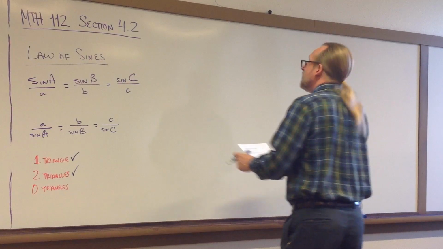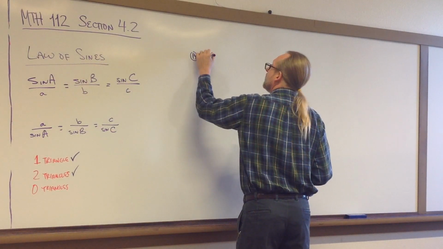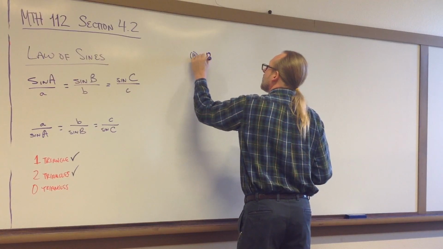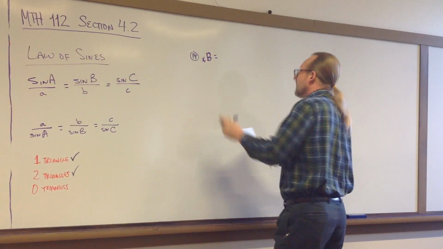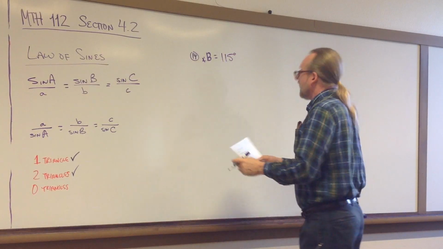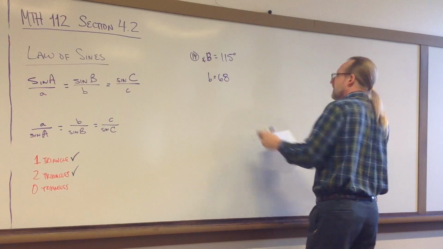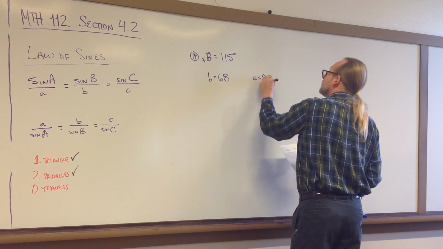All right, 14, angle B, there we go. Angle B is 115 degrees. Side B, 68. Side A is 92.